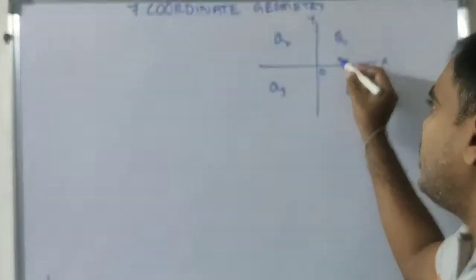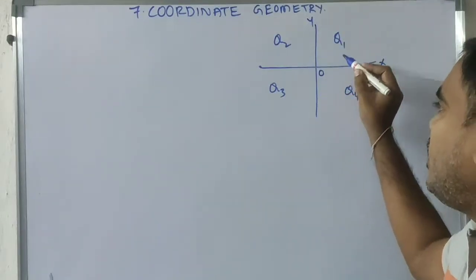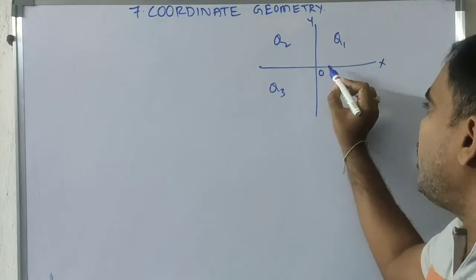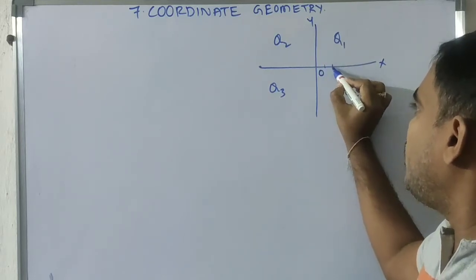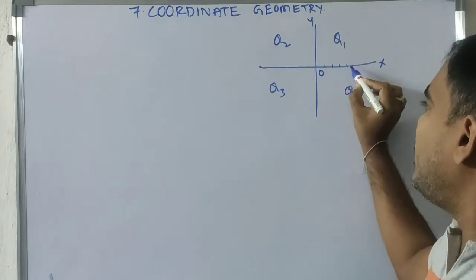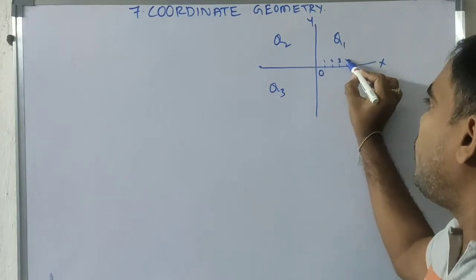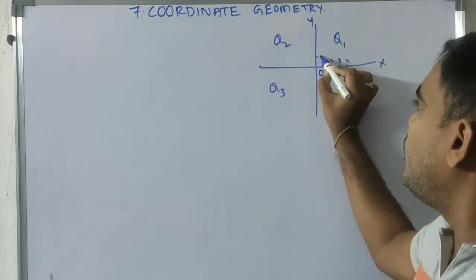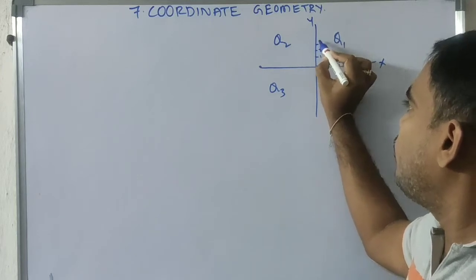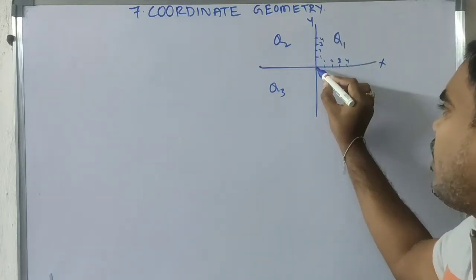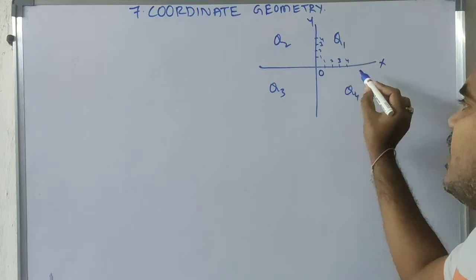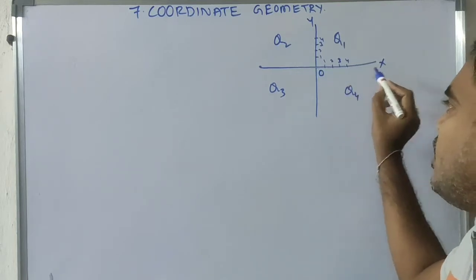So this is the first quadrant. In the first quadrant, if we consider the values 1, 2, 3, 4, the x values are 1, 2, 3, 4 positive. Y values are also 1, 2, 3, 4. This is the origin, this is the x-axis. Right side of the origin is positive.